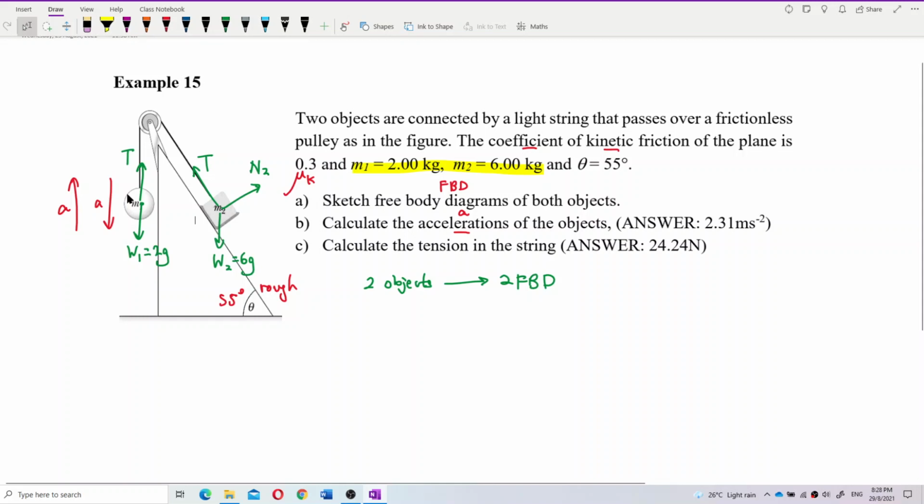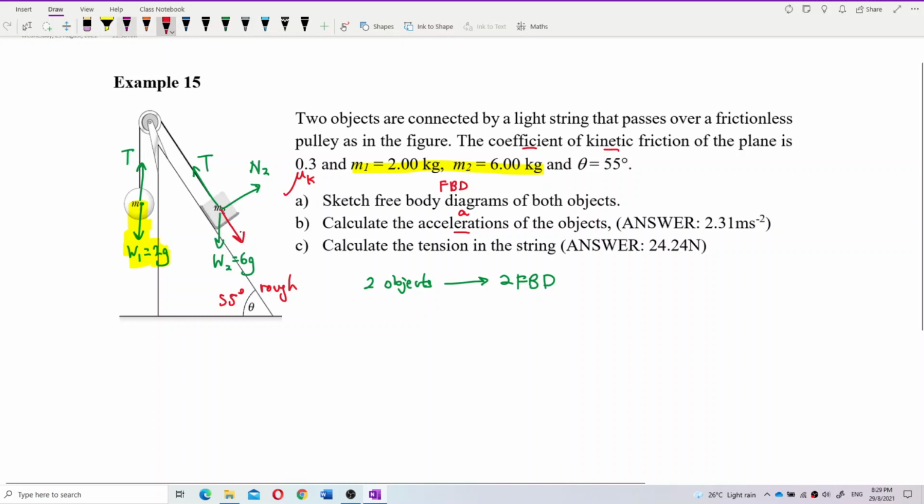So what we do now is compare these two forces. Compare weight 1, and compare this component. These two opposite components, see which one is bigger.